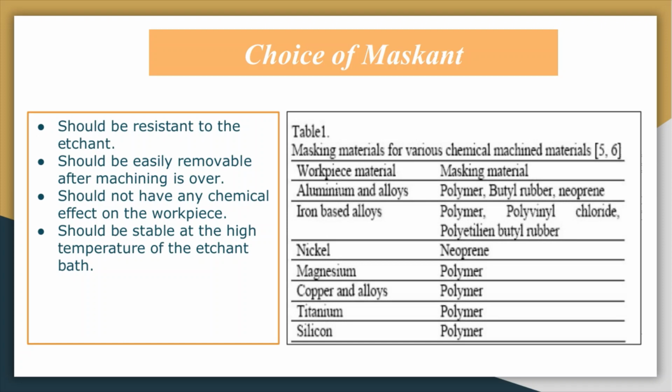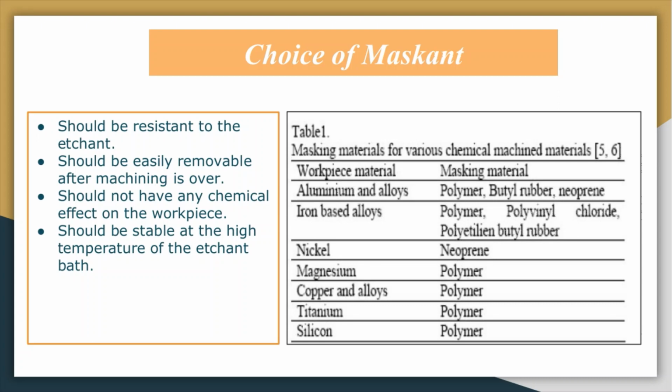Now here in the second column in this slide, I have shown a table regarding the maskant material for the various chemically machined materials. I have taken this table from a literature. Here you can see that for different work materials you can use different masking materials.